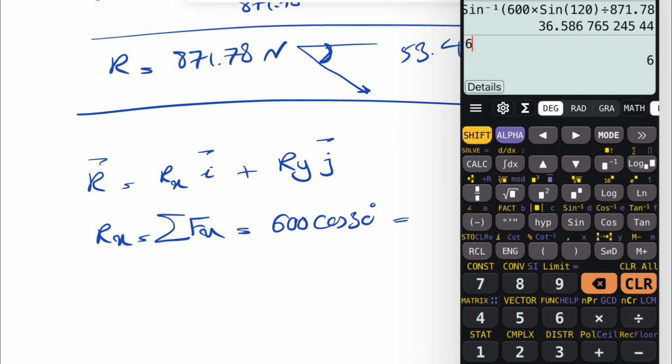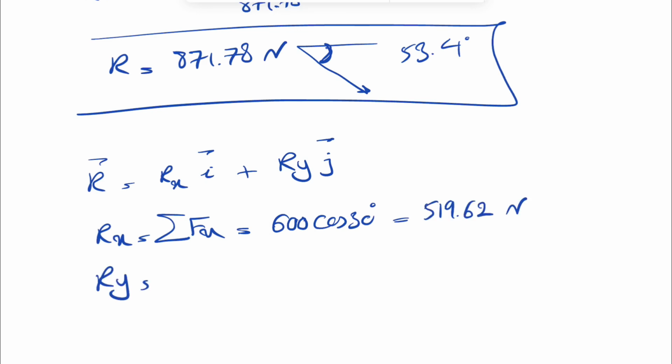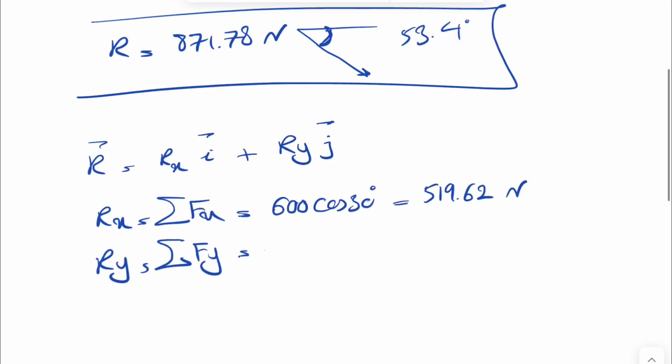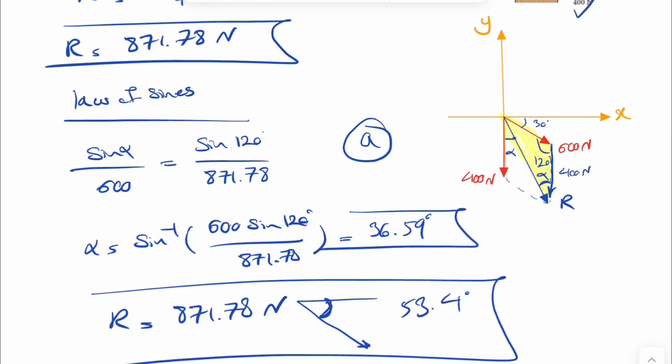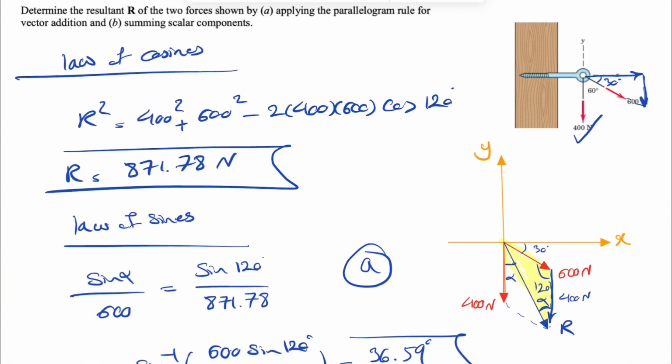So 600 cosine of 30 is going to be 519.62. And Ry, we're going to do the same thing, sum of all forces in the y direction. We have minus 400 downward, and we also have the y component of the 600, which would be this component here.